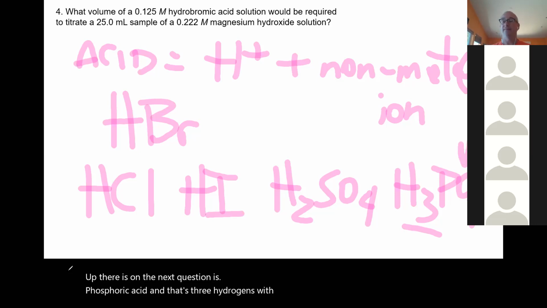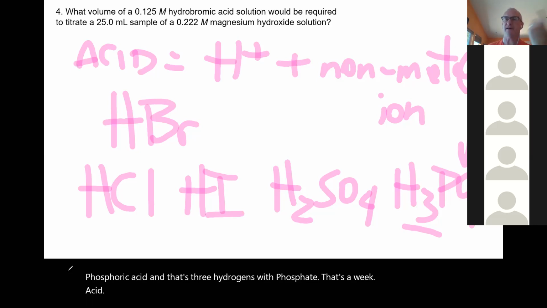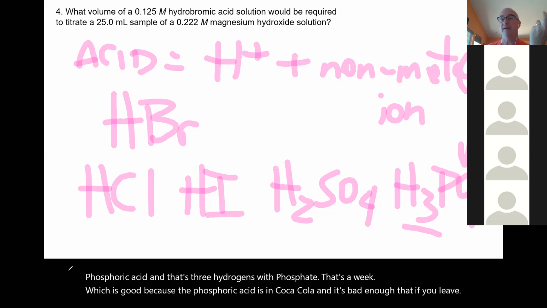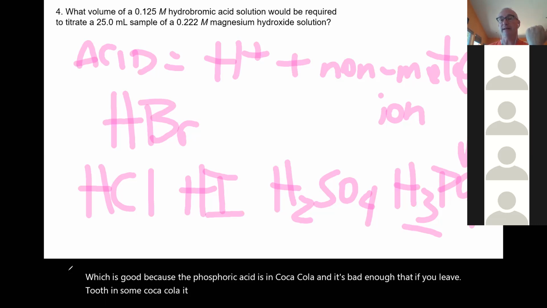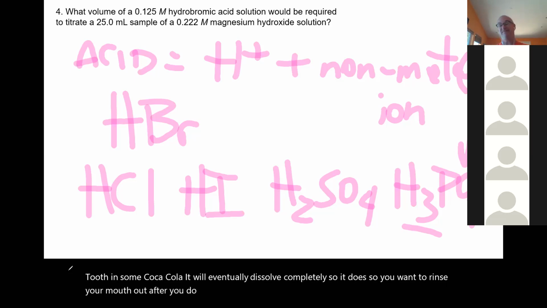That's a weak acid, which is good because phosphoric acid is in Coca-Cola. And it's bad enough that if you leave a tooth in some Coca-Cola, it will eventually dissolve completely. So you want to rinse your mouth out after you drink some Coke, because it's fairly acidic.